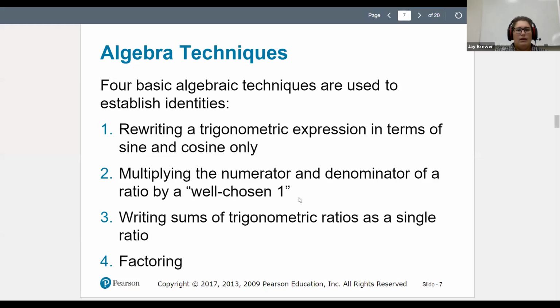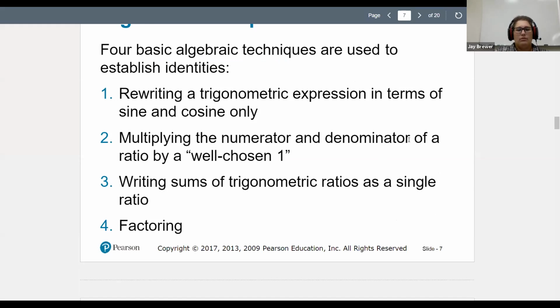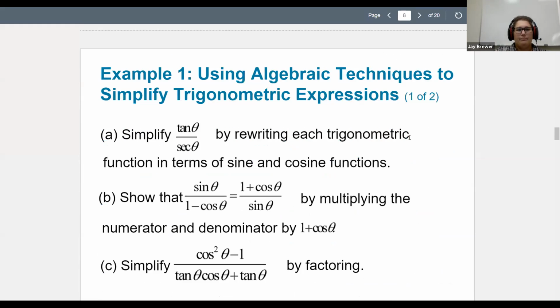Okay. Not 1,000% sure what they're talking about with the multiplying with a well-chosen 1, but my assumption would be that if you needed to get rid of something, obviously multiplying by 8/8 is not going to change your equivalency. I'm assuming that's what they're going with when they say that.